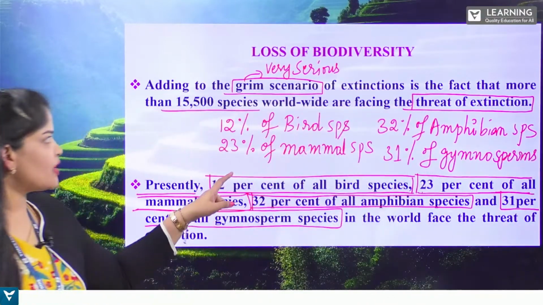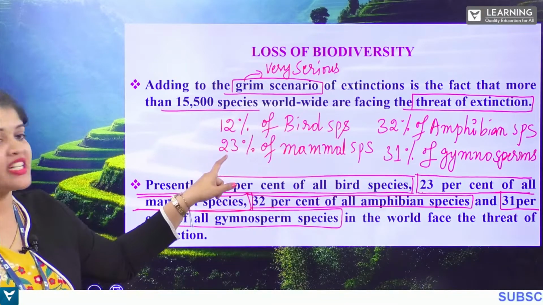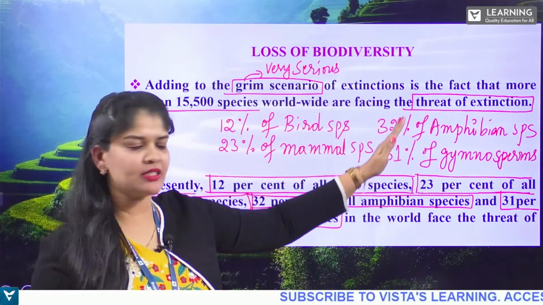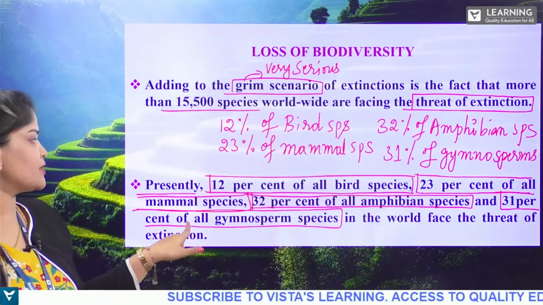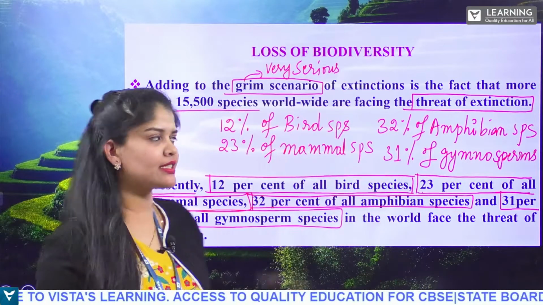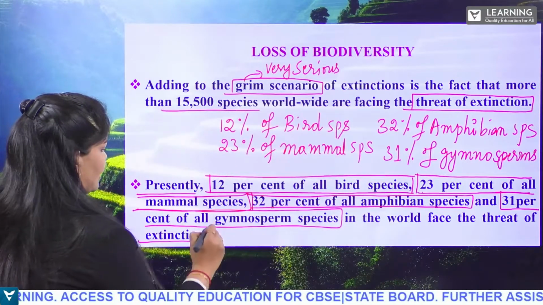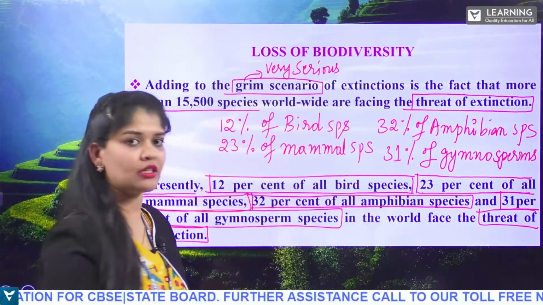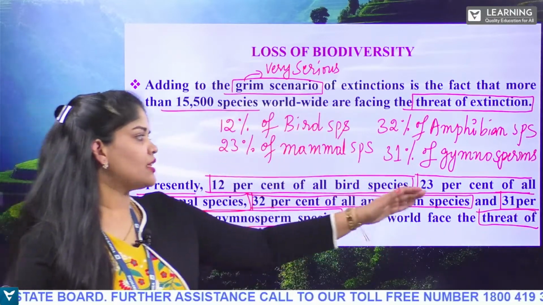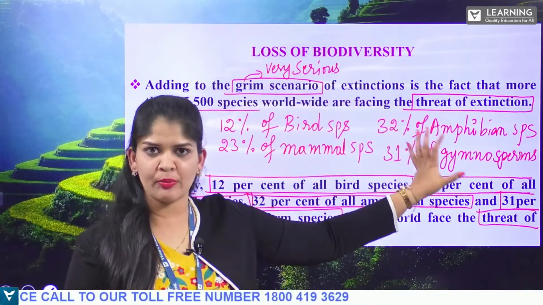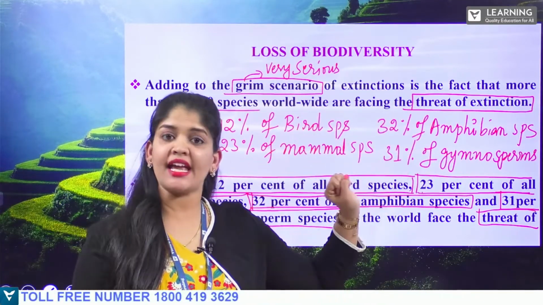See, 12% of bird species, 23% of mammal species, 32% of amphibian species, and 31% of gymnosperm, that is plant, species in the world face the threat of extinction. These are all near the margin, that means they are facing the threat of extinction, and all these percentages of species are sooner going to become extinct.